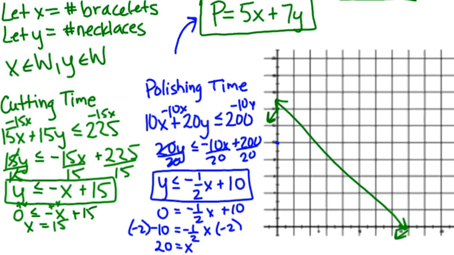My x-intercept is at 20. So if this point was 15, 16, 18, 20. Connecting those points with a solid line as well, as we have an equal sign in our inequality. And I also want below this line, as I have a less than. So my feasible region, the area that satisfies both of these inequalities, is here.